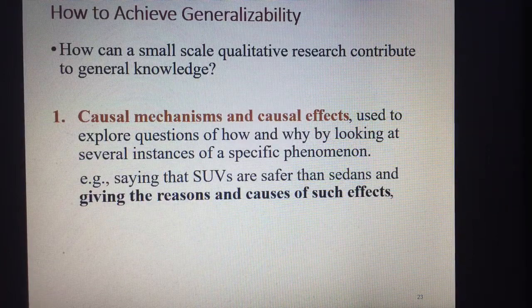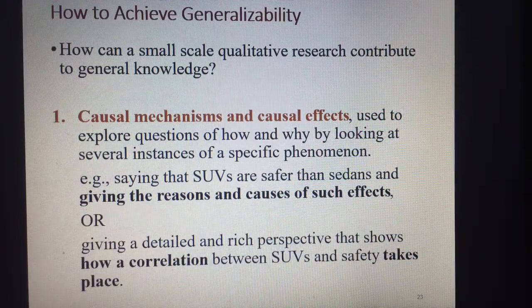Let's say, for example, SUVs, the cars, are safer than sedans, and giving the reasons and the causes of such effects. So why are they better? You give the reasons why they are safe, or give a detailed, rich perspective that shows how a correlation between SUVs and safety takes place. So you are correlating between safety and SUVs.